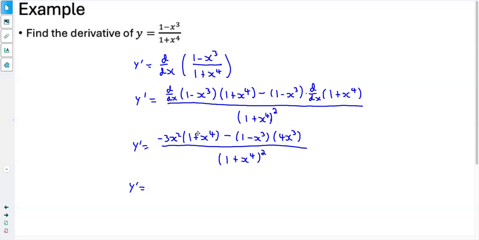So we'll start multiplying out the terms in our numerator. So we have negative 3x squared times 1, so negative 3x squared. Then negative 3x squared times x to the power of 4 is negative 3x to the power of 6. And then we have 1 times 4x cubed, but we have this negative in front, so that's minus 4x cubed.